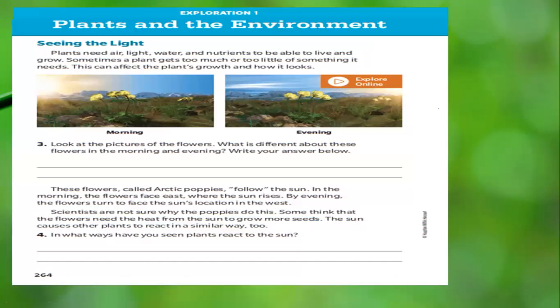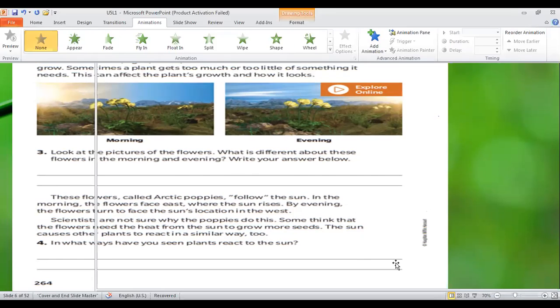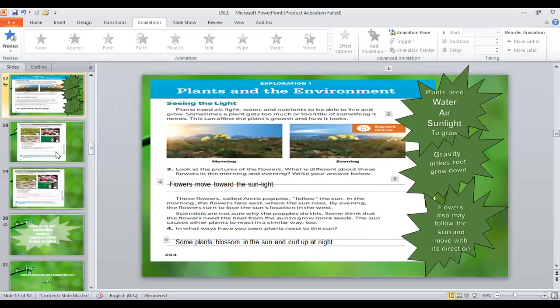On page 264, we can see a kind of plant that's called the Arctic poppy. What the Arctic poppy does, that's what we will see now in the video.